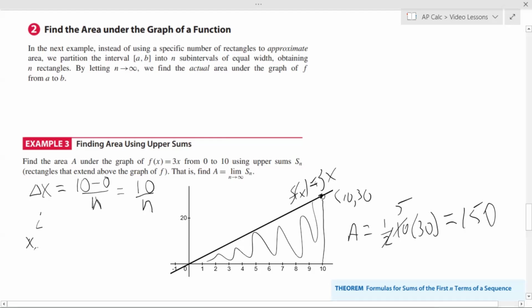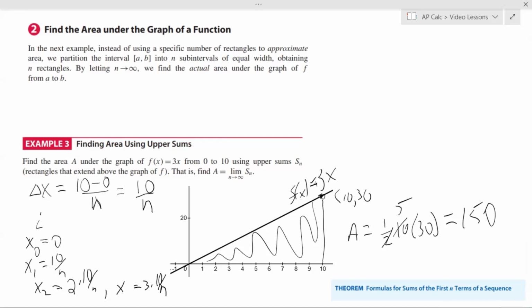Okay, so the endpoints of each subinterval written in terms of n are going to be x. So x of 0 would be 0. That's the first rectangle. x of 1 is going to be 10 over n. x of 2 is going to be 2 times 10 over n. x of 3 is going to be 3 times 10 over n, because to get to that endpoint, you have to use delta x 3 times essentially.